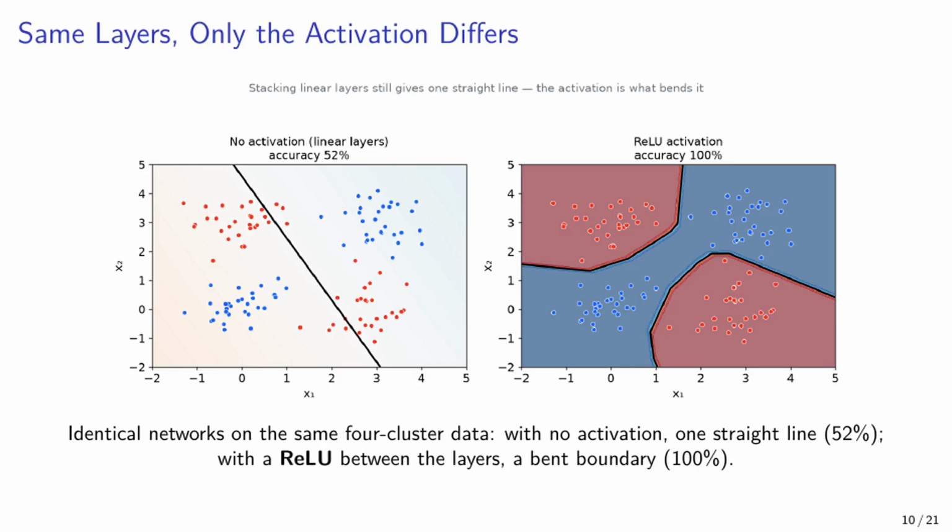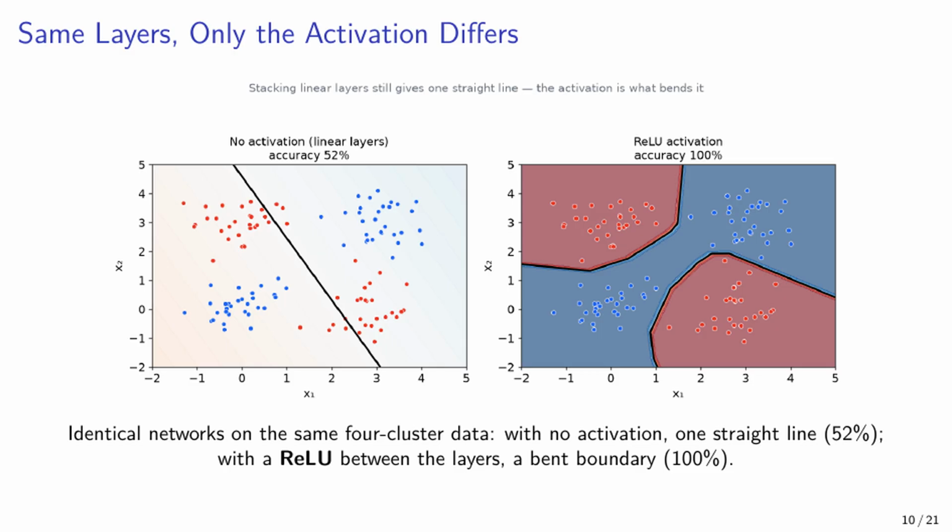Here is the same point as a picture. Two identical networks on the same 4 cluster data. On the left, with no activation between the layers, the best it can do is one straight line, and it gets about 52% right, barely better than a coin.